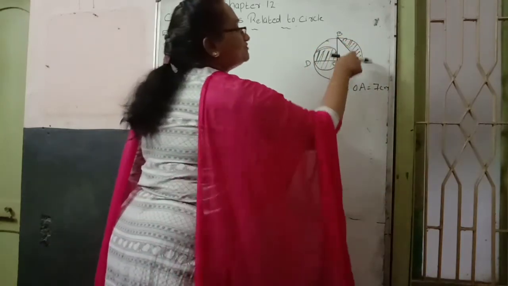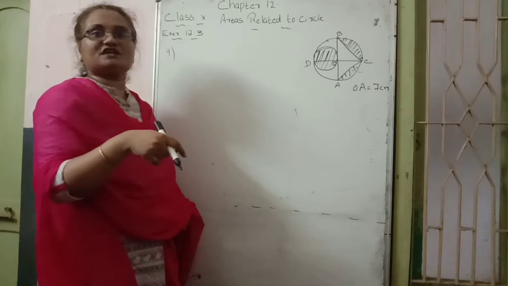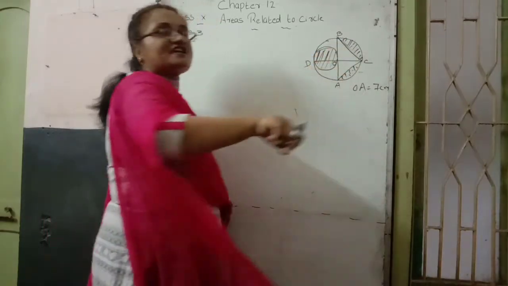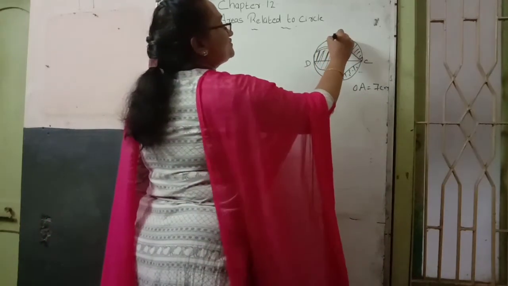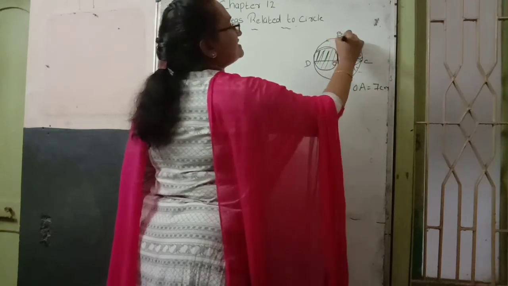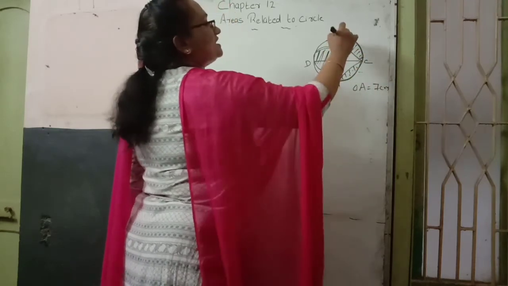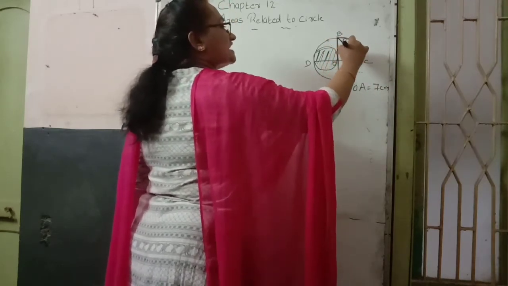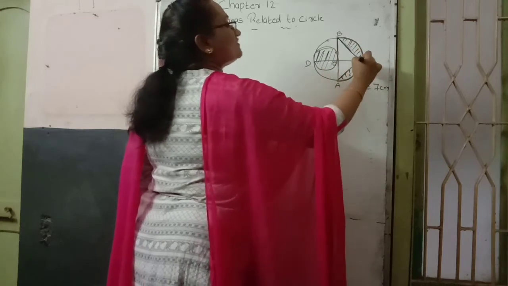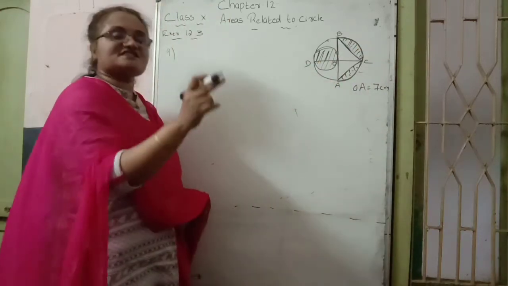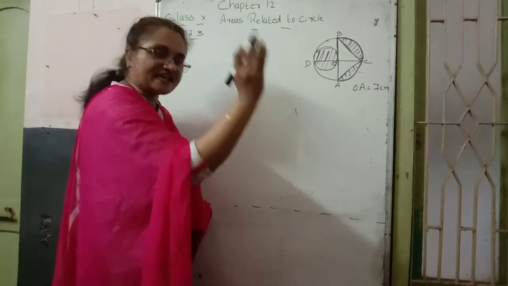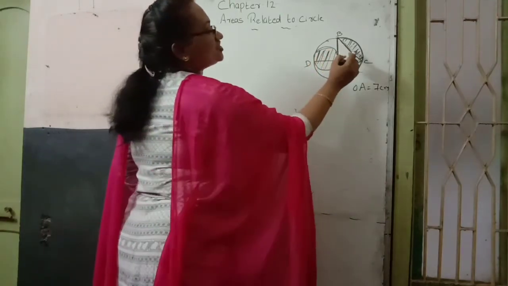But this part's area, how do we find it? This part represents a semicircle, and inside the semicircle there is a triangle. Removing that triangle from the semicircle gives the shaded part.